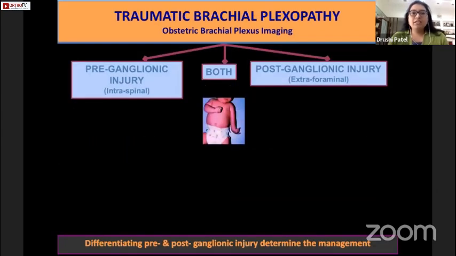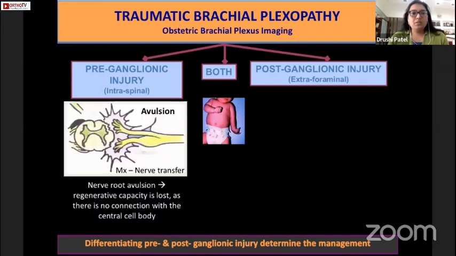Now, imaging is directed to determine whether it's a preganglionic injury or a postganglionic injury, because that's what determines management. So for preganglionic injury, as you can see here, there's the ventral and the dorsal rami. This is the dorsal ganglion. The preganglionic part, the intraspinal part, comprises the preganglionic injury.